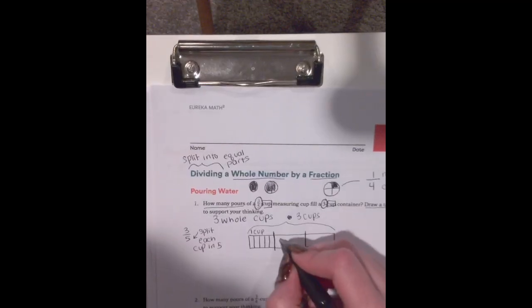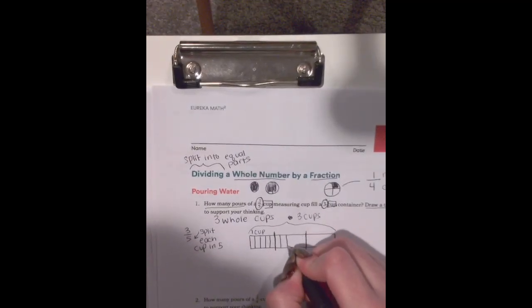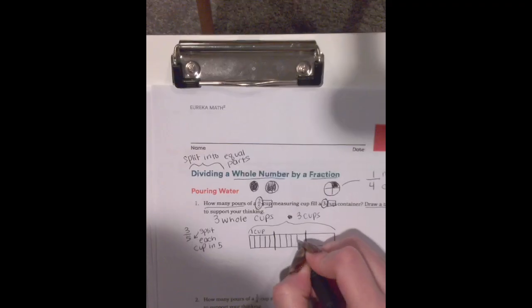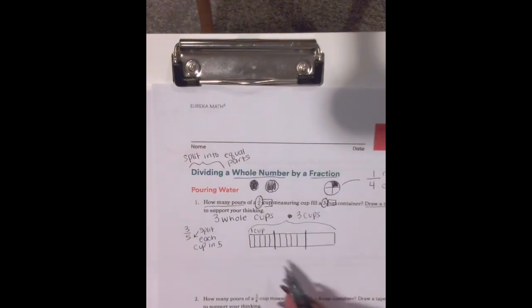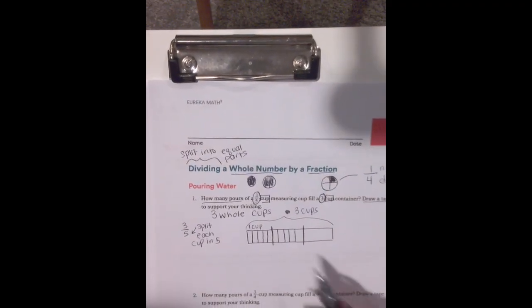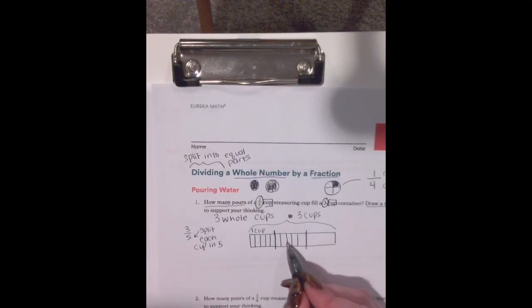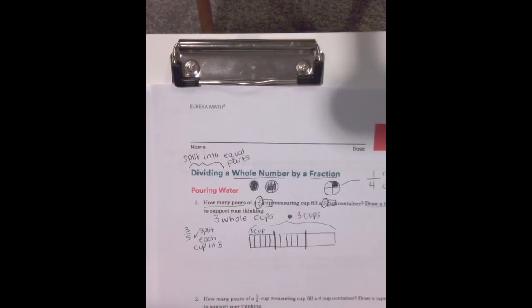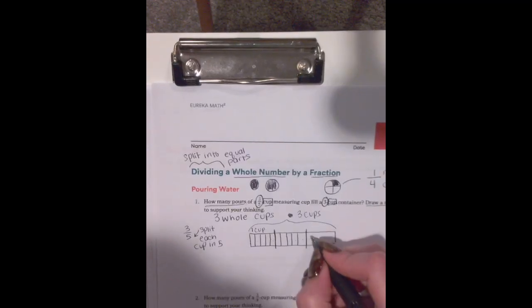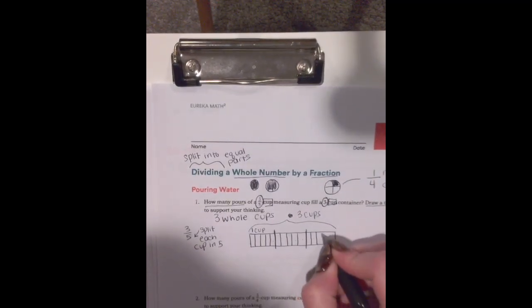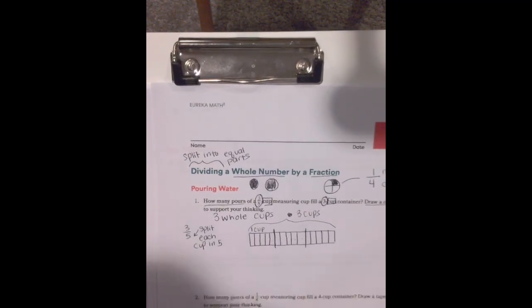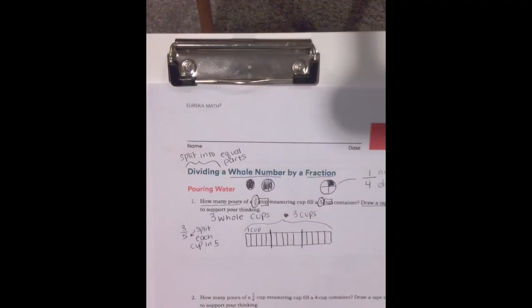We need to keep going. 1, 2, 3, 4, 5. It's okay if they're not even. Mine aren't either. So again, remember, we just drew 4 lines, but we have 5 boxes. And one more time. 1, 2, 3, 4 lines, which makes 5 boxes.